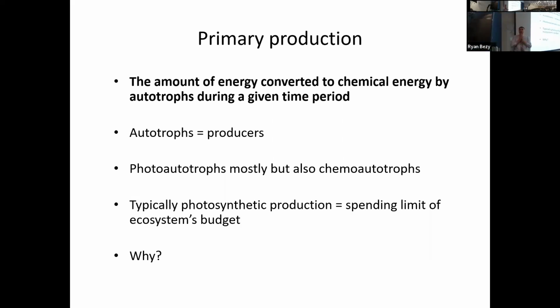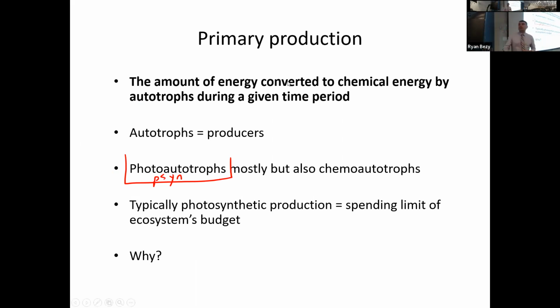Typically, though, we're going to talk about photoautotrophs and therefore photosynthesis. Remember, photoautotrophs are the ones doing photosynthesis. These guys right here. And that often means the photosynthetic production, how much photosynthesis gets done, is what's referred to as the spending limit of an ecosystem's budget.